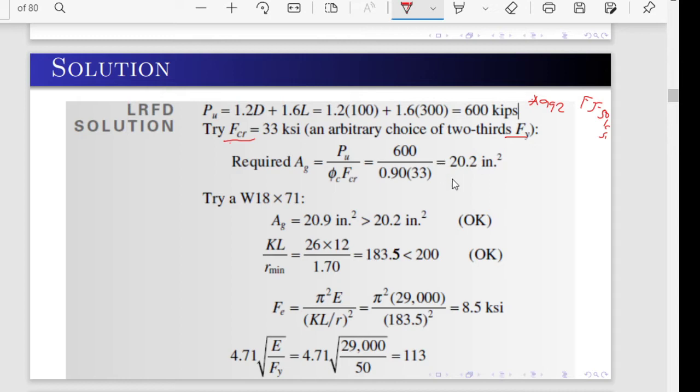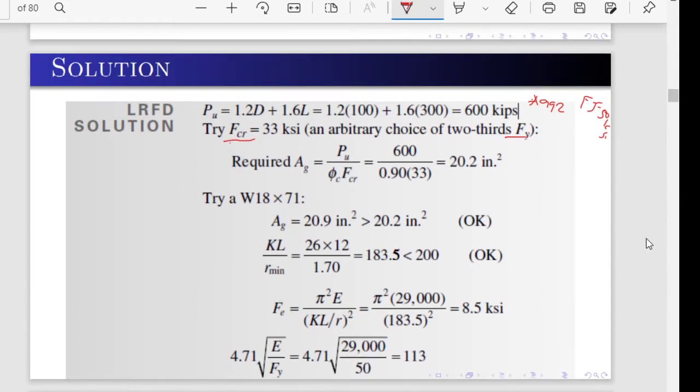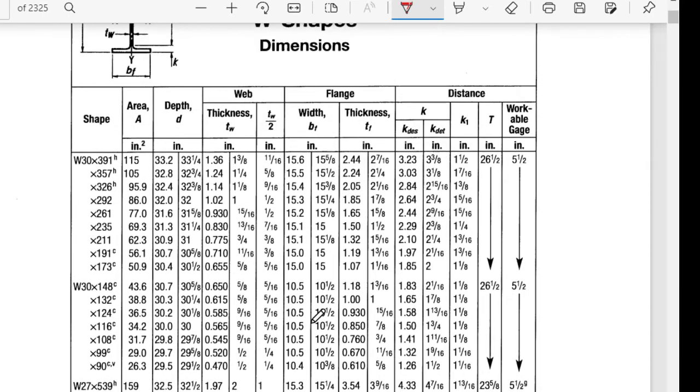And then select in the table. The problem says to select a W18 shape, so we have to stick to the W18 shape. The required area is 20.2, meaning you have to select a shape with area slightly greater than 20.2 square inches.